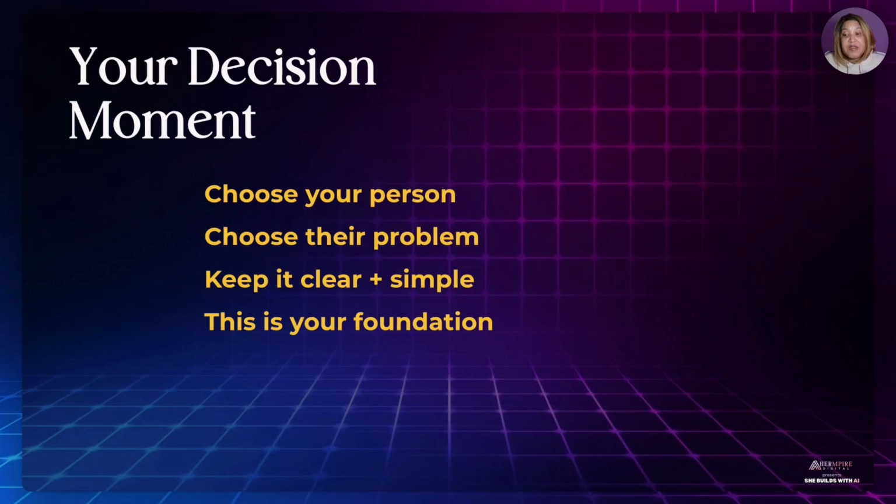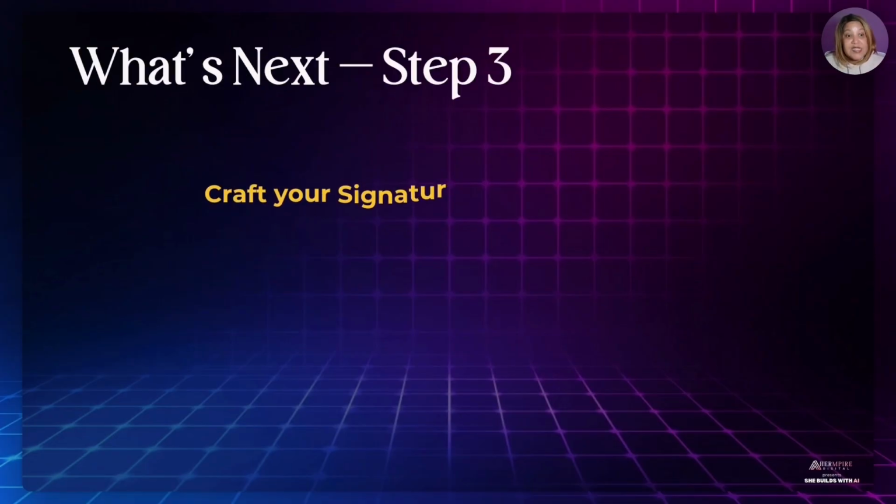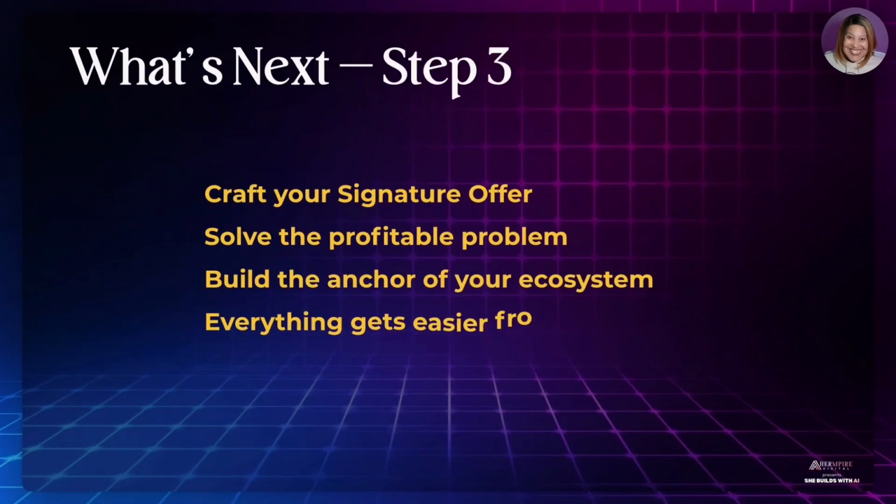And then this would be the foundation of your community, of your content, and of your signature offer. Okay. So I want you to know that that's what it is. So what's next on the list? Step 3. So now that you've identified your profitable problem, and you don't move forward to step 3 until you do, we'll then move into step 3, and that's where the crafting of your signature offer takes place.